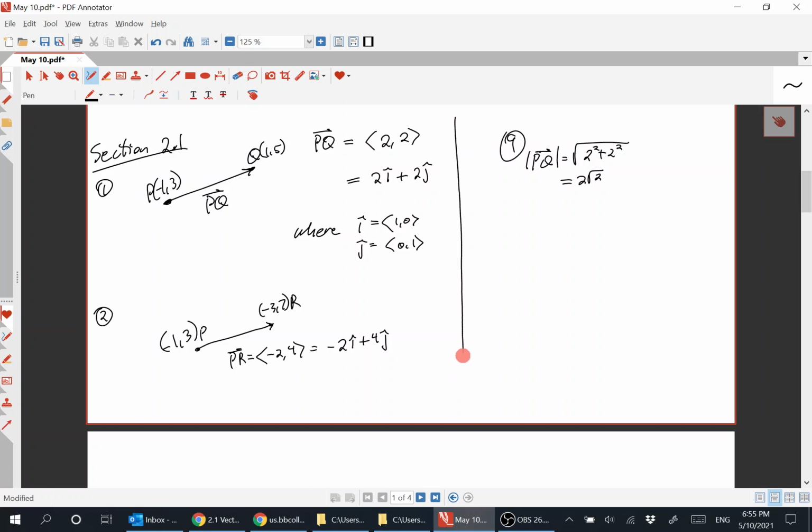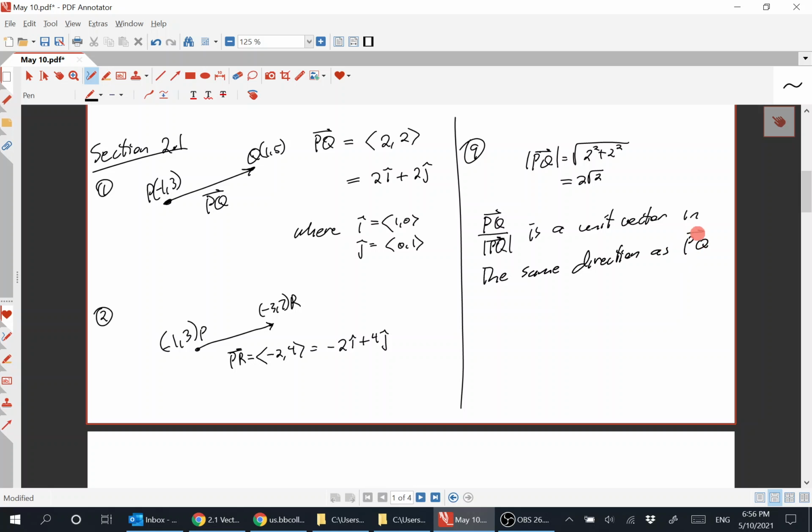To get that, you find the length of PQ, and the vector PQ divided by its length is a unit vector in the same direction as PQ itself.